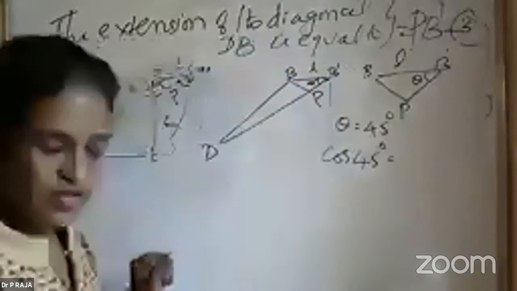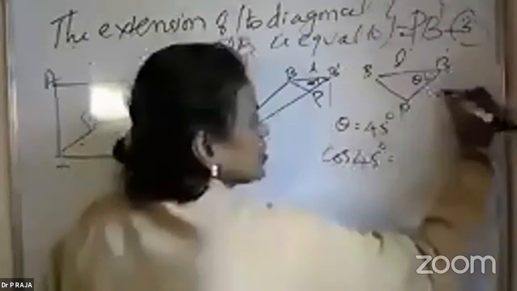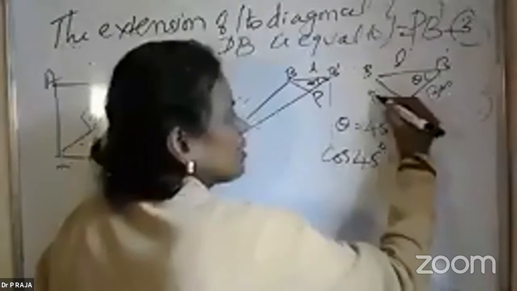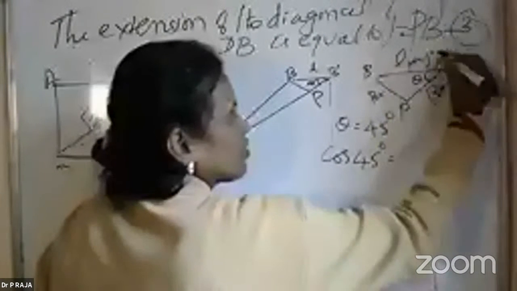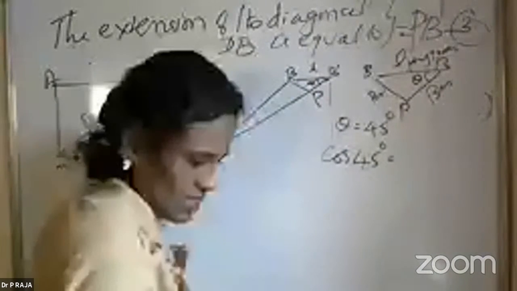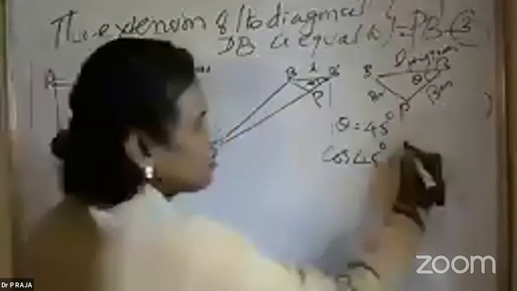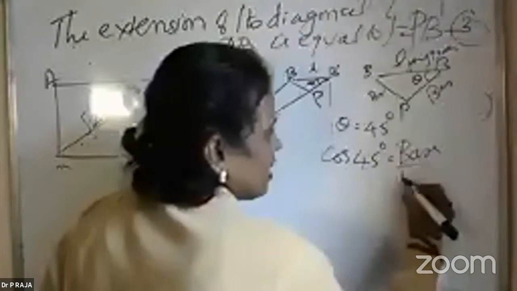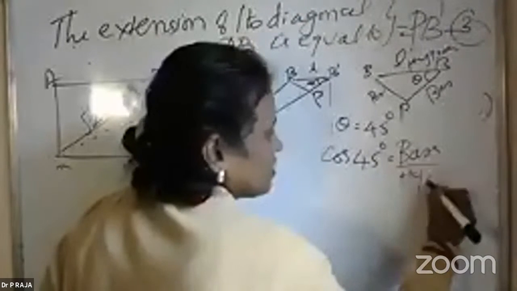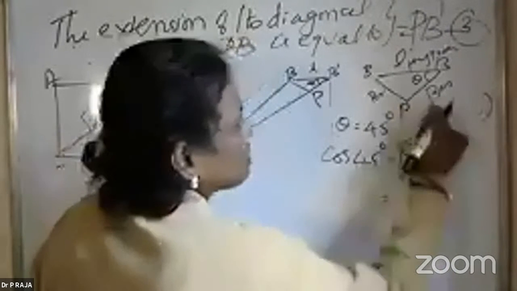This is the base, this is the perpendicular, this is the hypotenuse. Cos angle is nothing but base by hypotenuse, isn't it? So base here is PB. So cos 45 degrees.